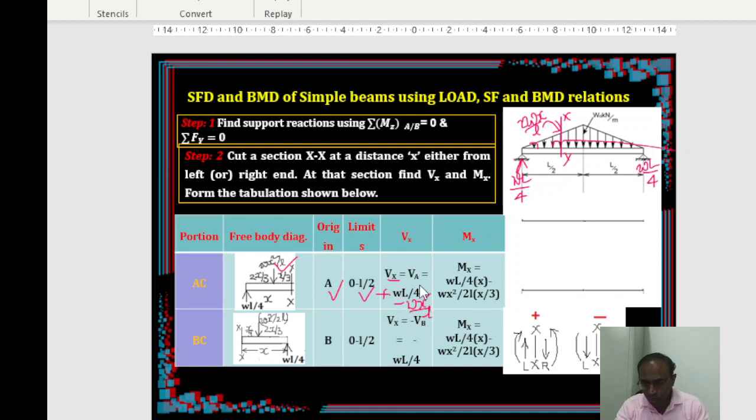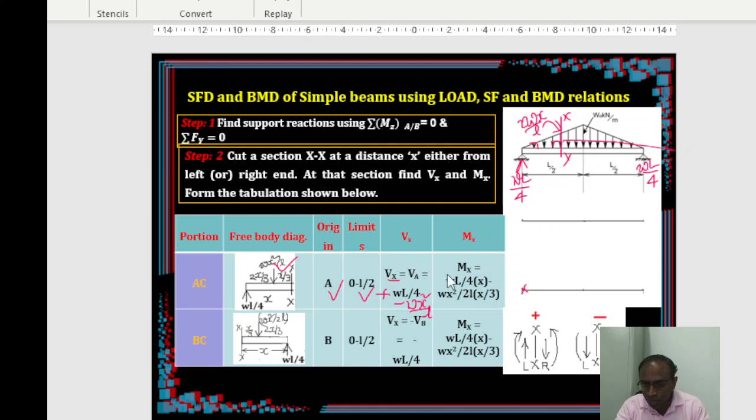Now put the lower limit and upper limit, and you can draw the shear force diagram. What is the lower limit? 0, you substitute. What is the upper limit? L by 2, so put L by 2 in this. This is WL by 4 already, and this becomes WL square by 4 times L. Previously it was plus WL by 4, and now it is minus WL by 4, so it becomes 0.